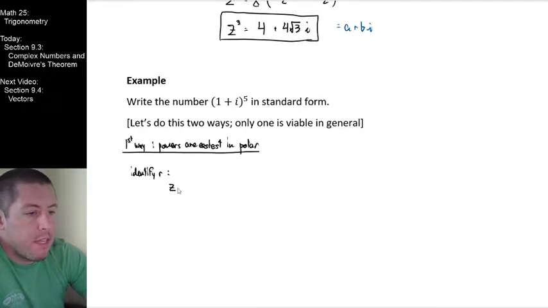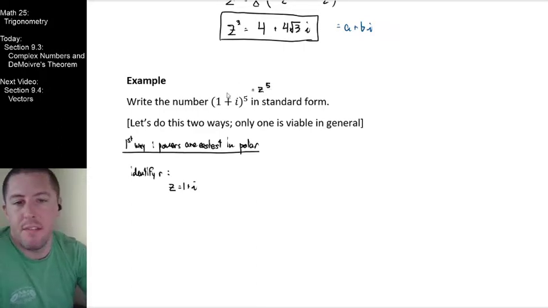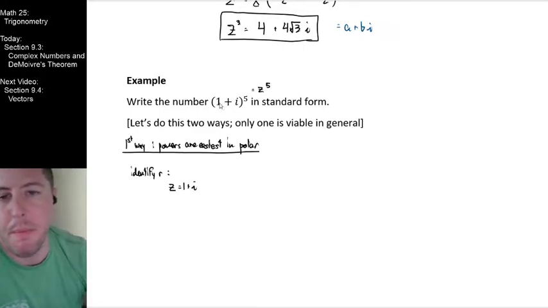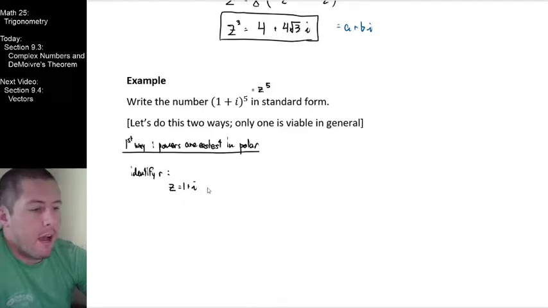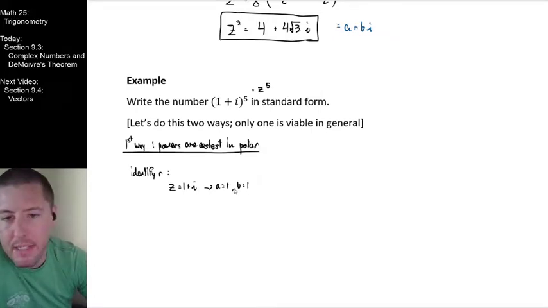We've got that z equals 1 plus i. And by the way, I always like to think of this as being my z to the 5th. That's the number that I want to actually describe. So that's helping me think of just the imaginary components without the powers as being like z. So this is going to have that a equals 1 and that b equals 1. Remember that b is how much complex stuff do you have?